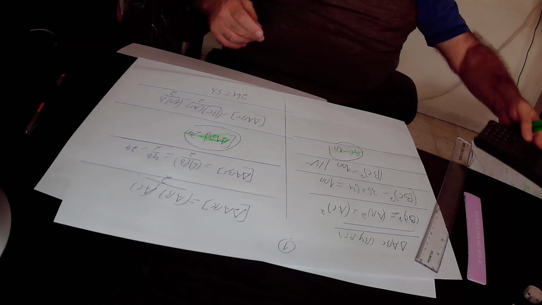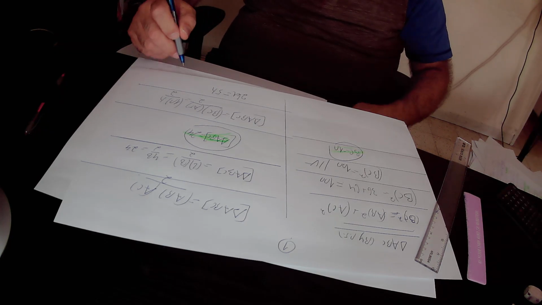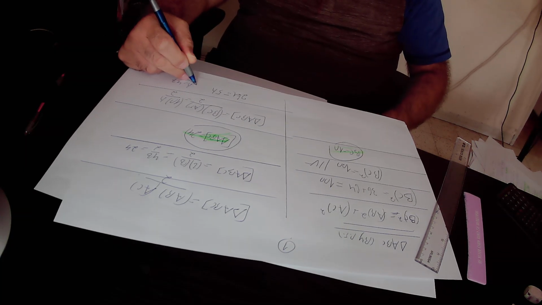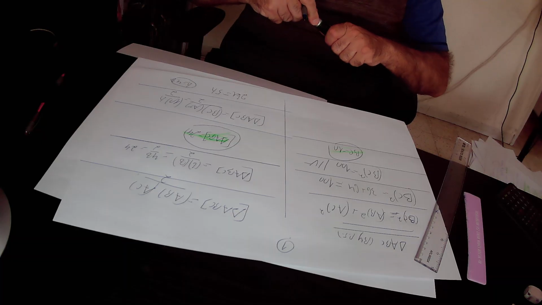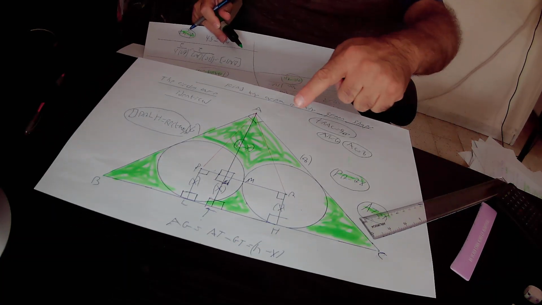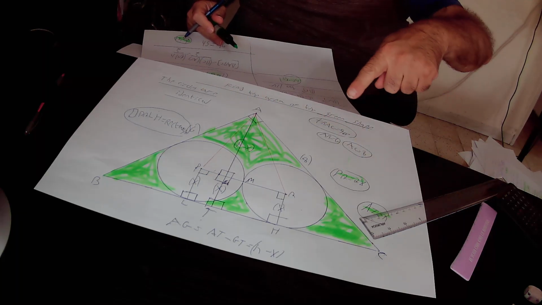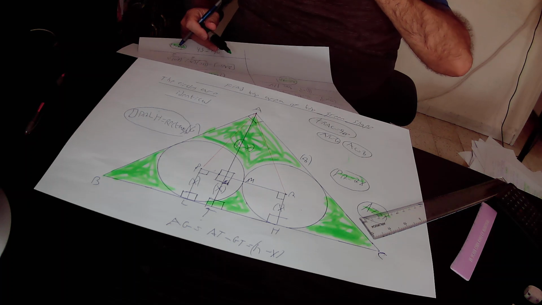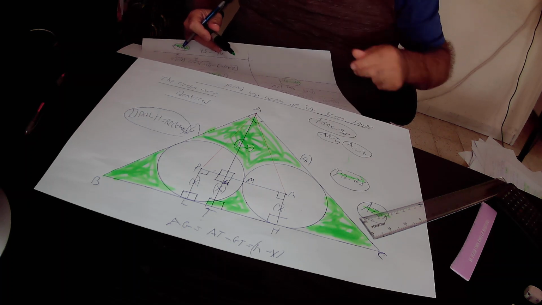So we found out that the height to the base BC of the big triangle ABC equals 4.8 units in its length.